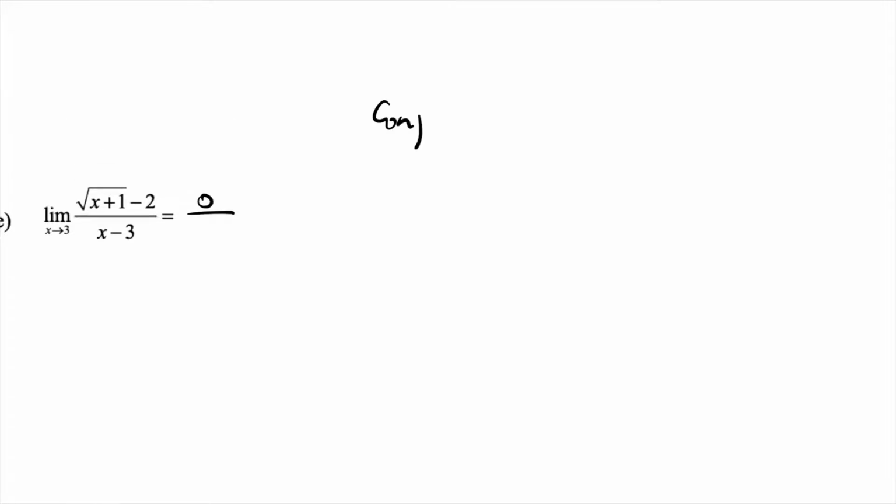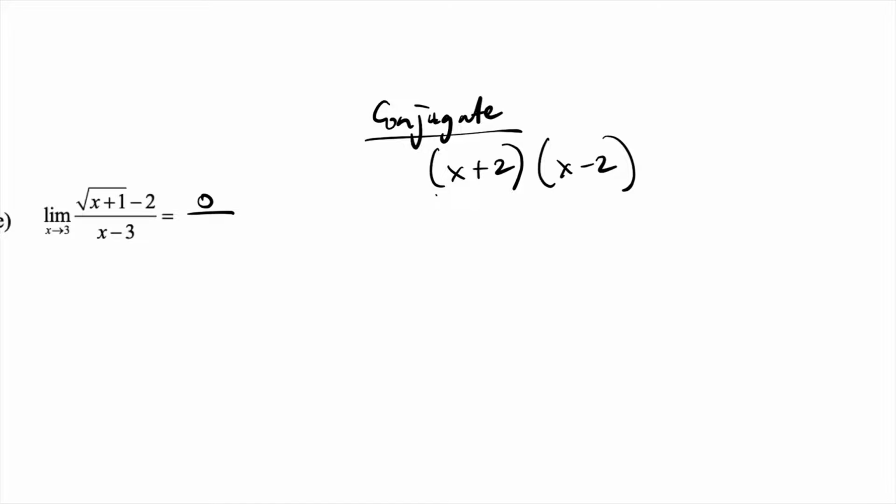For example, x plus 2 and x minus 2 are conjugates. 4x minus 6 and 4x plus 6 are conjugates of each other. They're exactly the same, except they have a different sign in the middle.